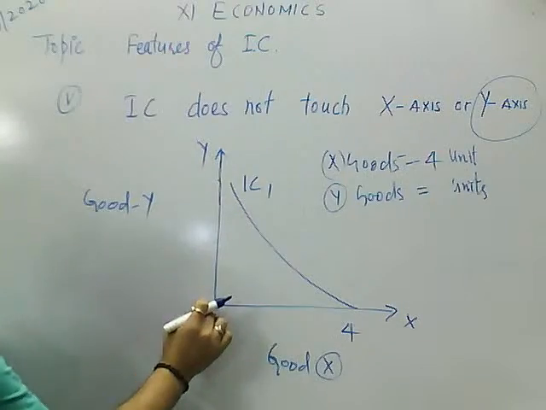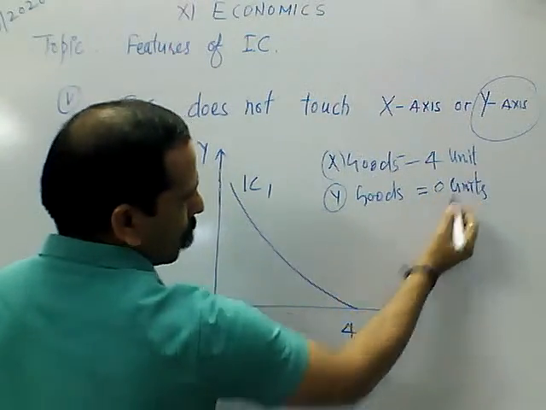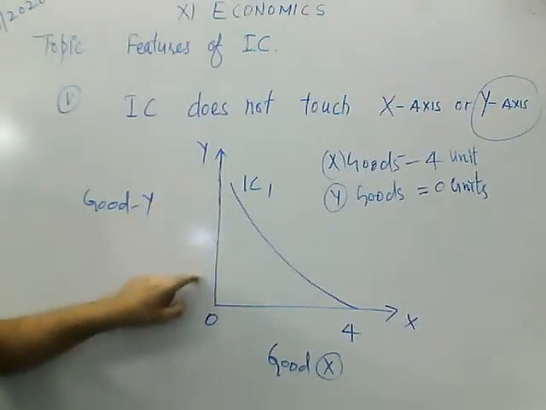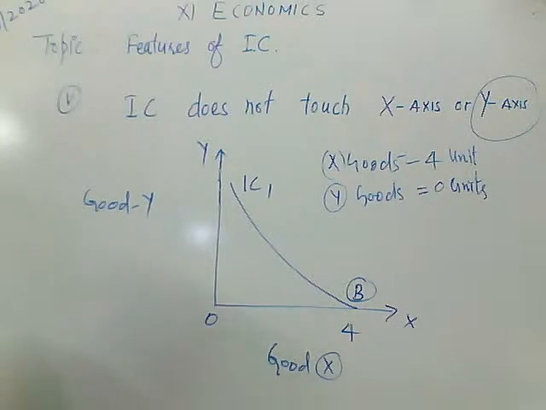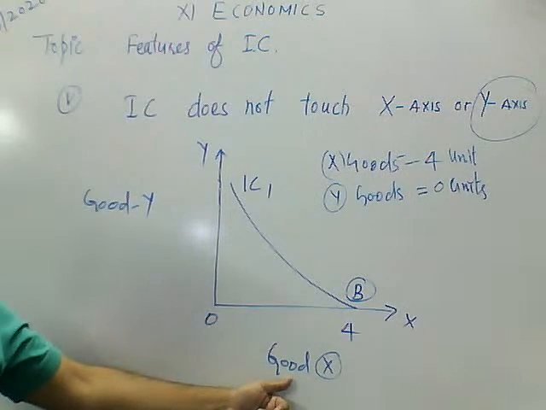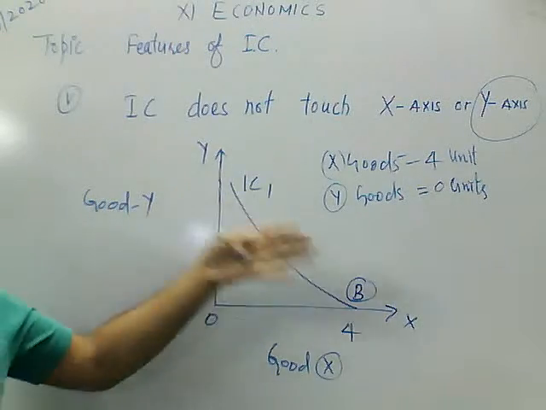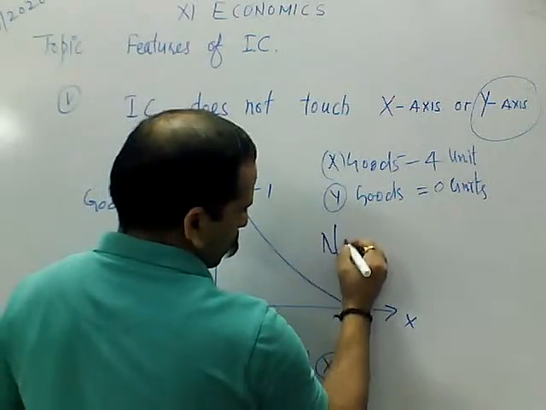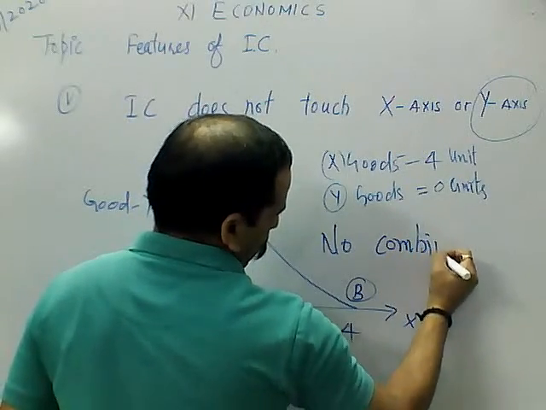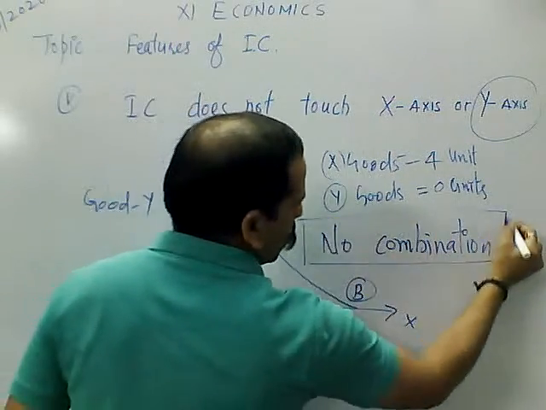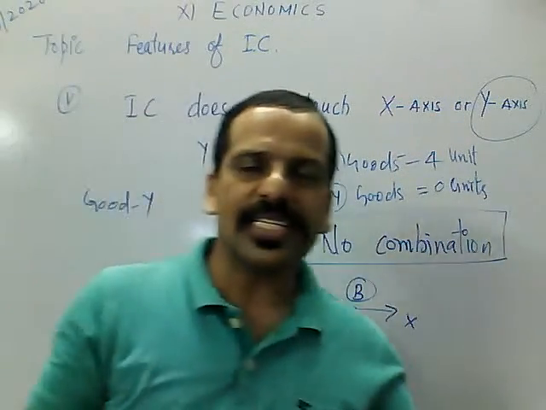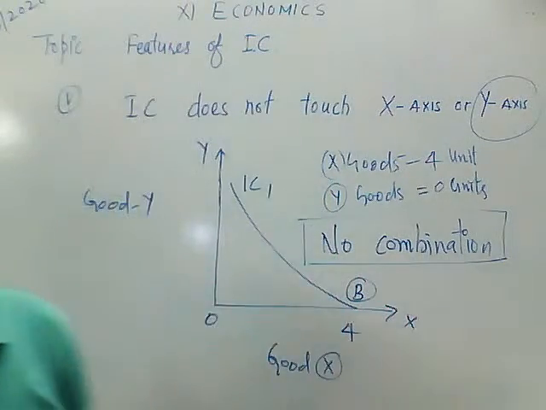And how many units of y? 0. This is point B. At point B, 4 units of good x and 0 unit of y. Again, there is no combination. For a combination, at least one commodity should be there. So no combination. If it is not making any combination, this is not true.